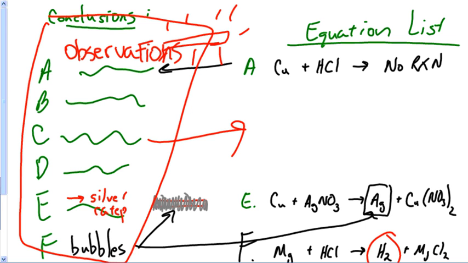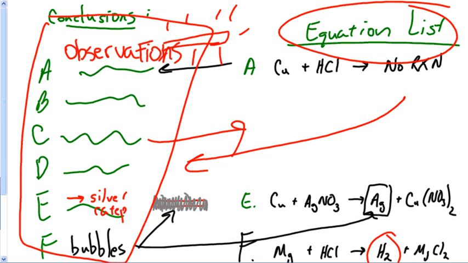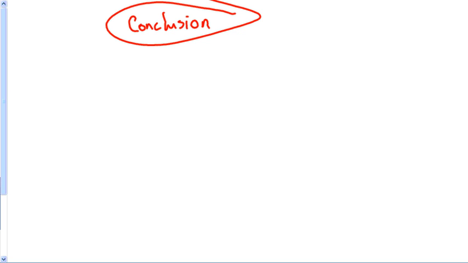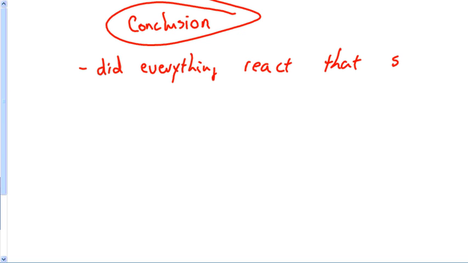In other words, for every one of these in this equation list, does what you have here compare to what you saw in lab? So I want you to go back in that conclusion and just tell me, did everything react that was supposed to? Did everything react that should?